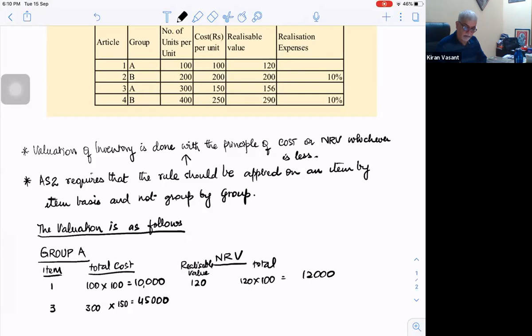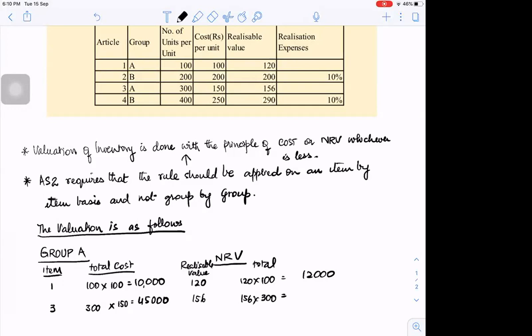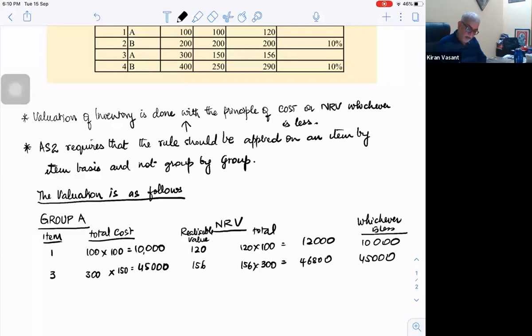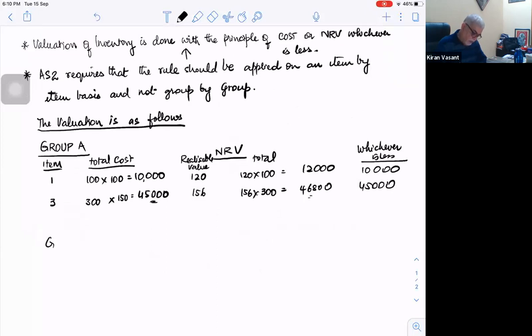And third, $46,800. You follow? When you compare this with this, whichever is lower you have to take. I'll move to group B.